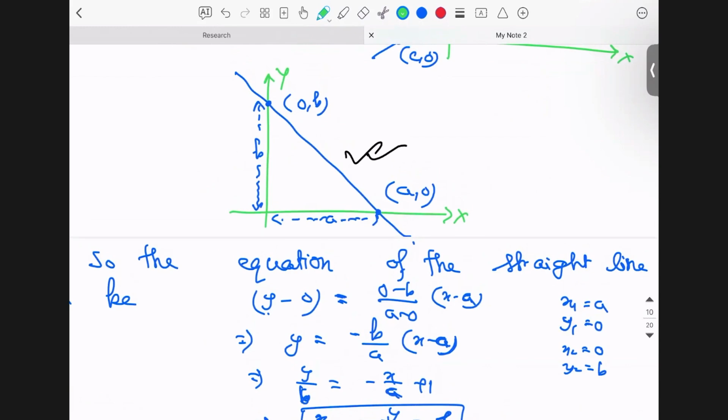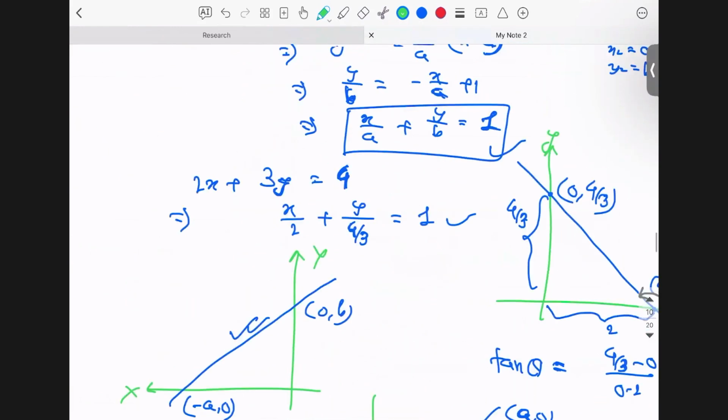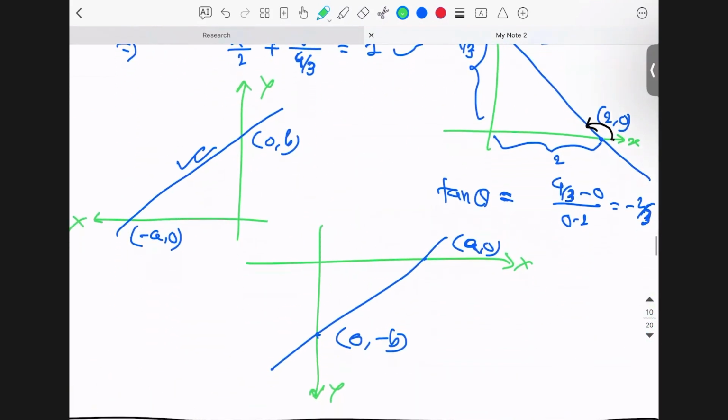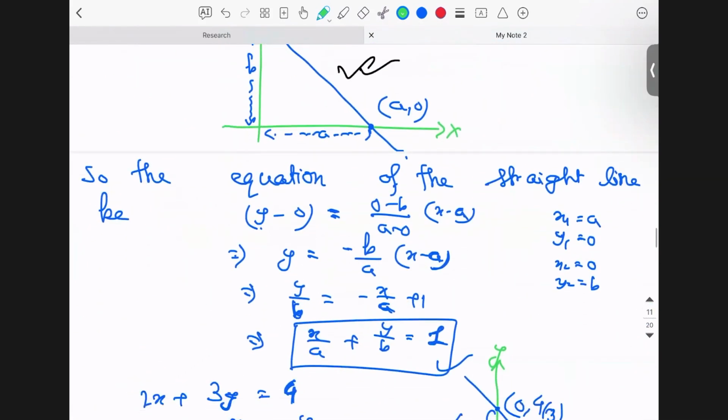You can check that easily by this method: if you consider 2 points on a straight line and manipulate those calculations, whatever I have done in this section, you can get the required answer.